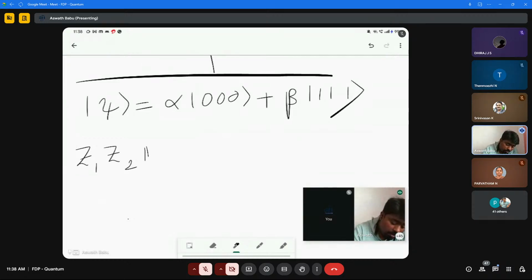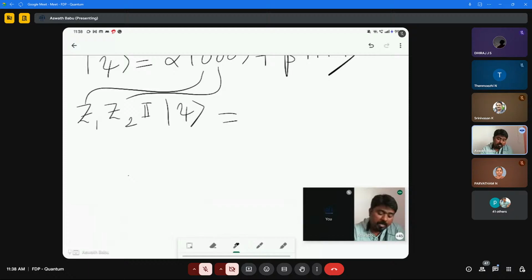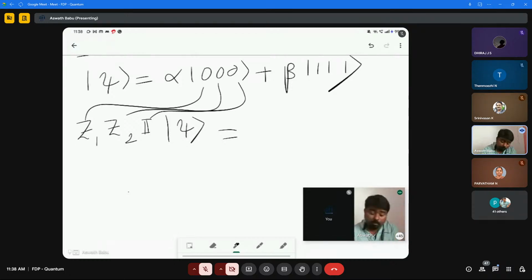And on the third qubit, I'll act identity gate. If you act the quantum gates like this, what is happening now? If you carefully see, Z1 acts on the first, Z2 gate acts on the second, and identity on the third. Identity does nothing, remember.